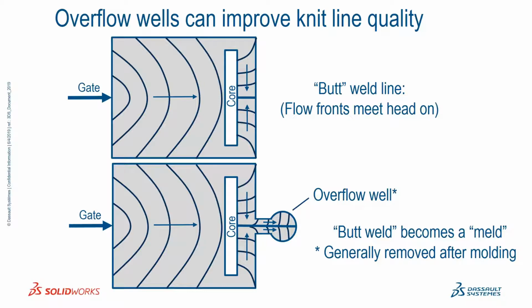So it's just one possible solution. There are, again, many factors at work here. Ramesh will now cover a couple more simulations, one of which will demonstrate the sequential valve gating, which is another very powerful solution to the knit problem.